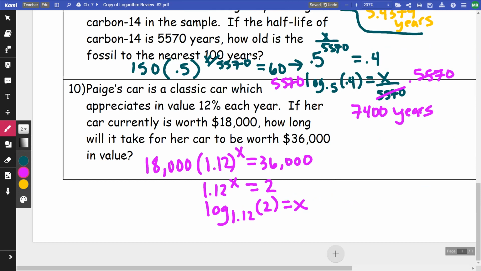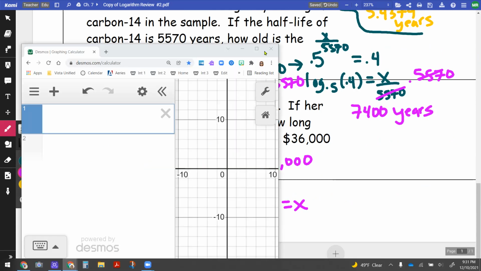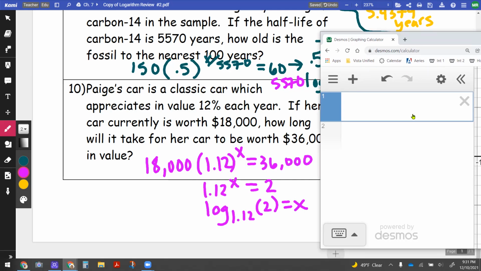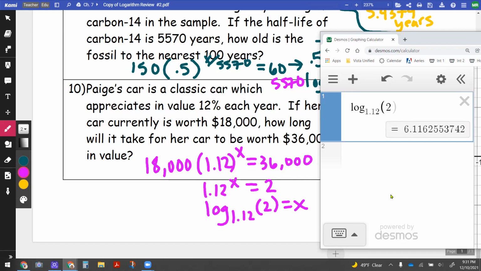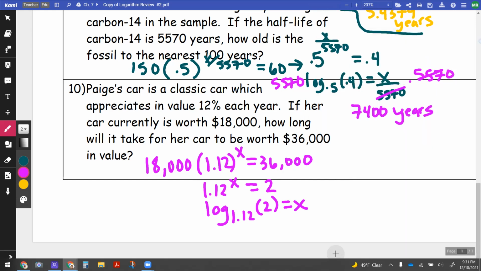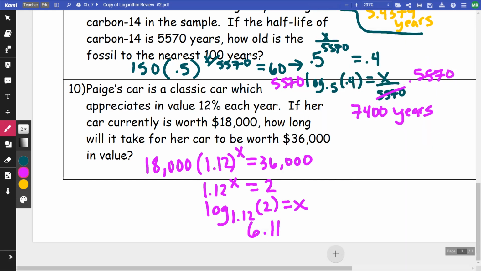So when I put this in my calculator, log base 1.12 of 2, I get 6.1163 years. And that's the end of the second video.